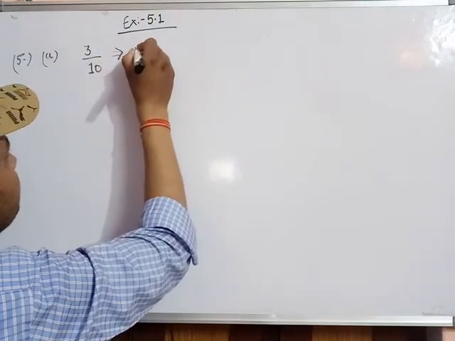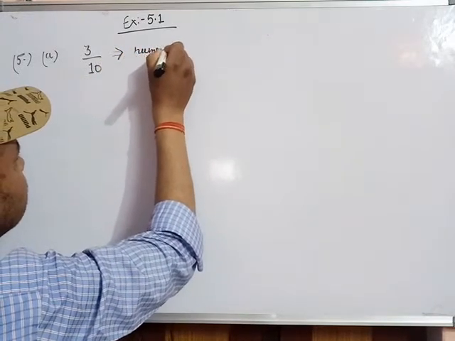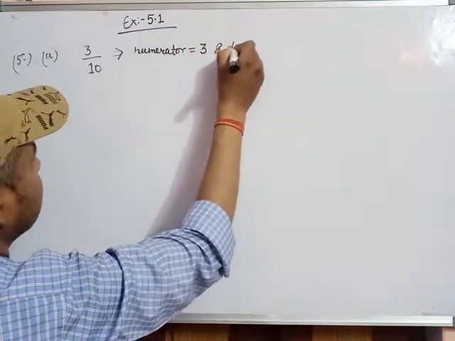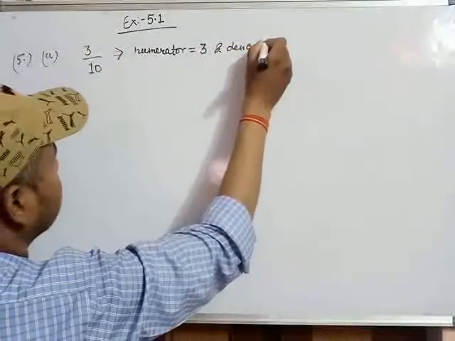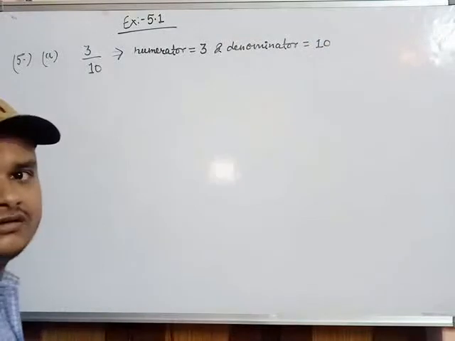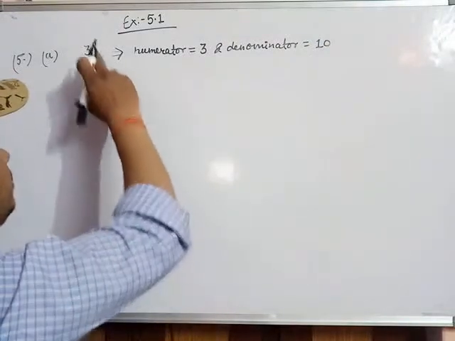So the numerator is equal to 3 and the denominator is equal to 10. Is that clear? Numerator is 3 and denominator is 10.